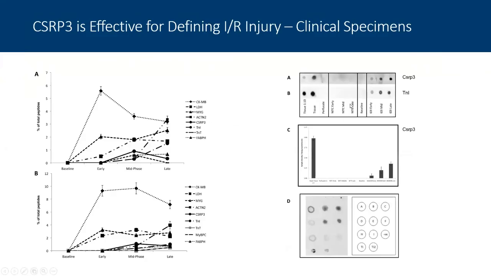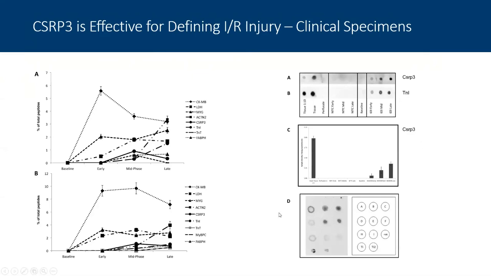By doing a Doppler, we were able to show that CSRP3 was being released in a very similar temporal profile to troponin I. The issue with troponin I is that it will remain elevated in serum samples well beyond the resolution of the ischemic insult in clinical patients. And that's why we started looking at CSRP3.